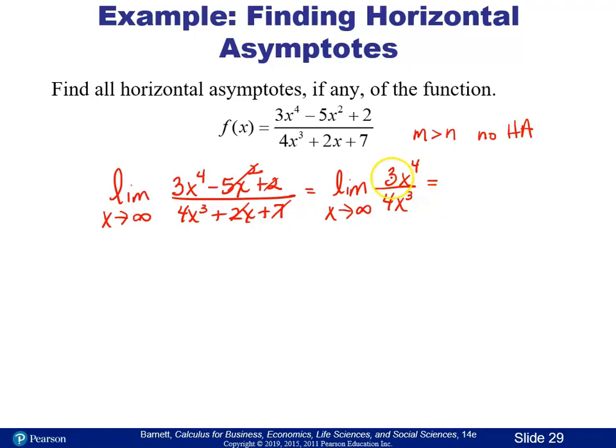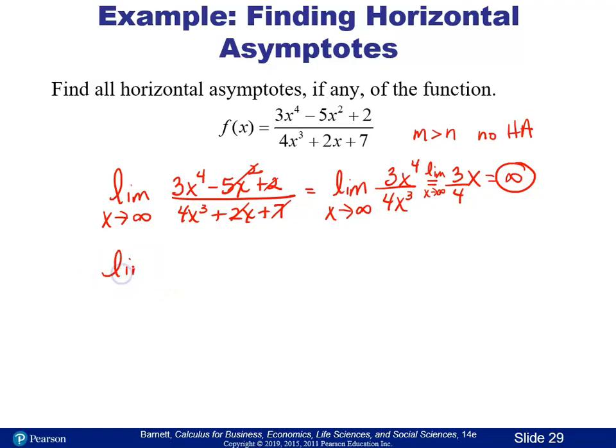And so all of this is going to be going to either positive or negative infinity. If I reduce this, I can see that it would be 3/4, and then just the x is all that's left because 3 of the x's would cancel. So I do need to have my notation, limit as x goes to infinity here. If I'm taking the limit of this term, then that's just going to positive infinity.